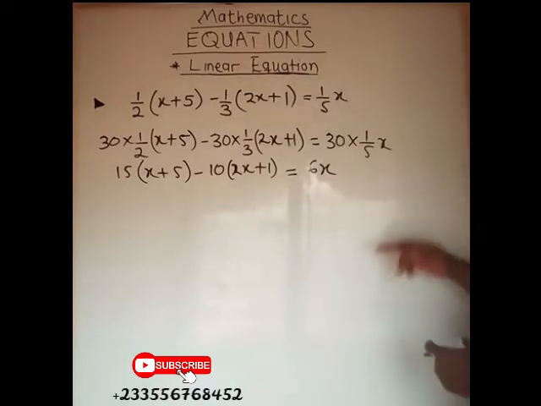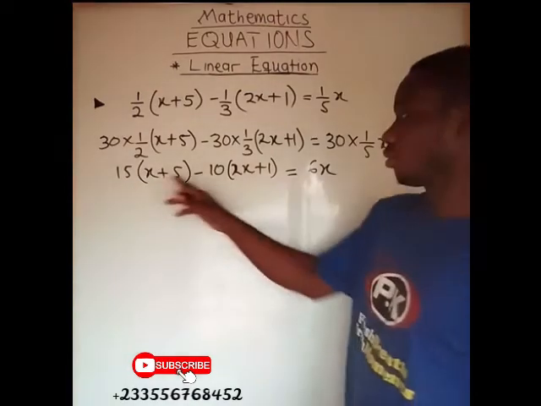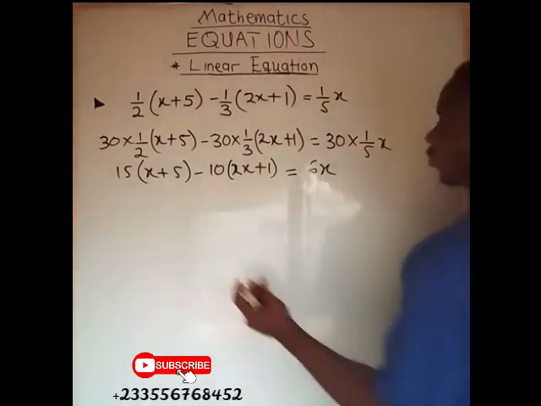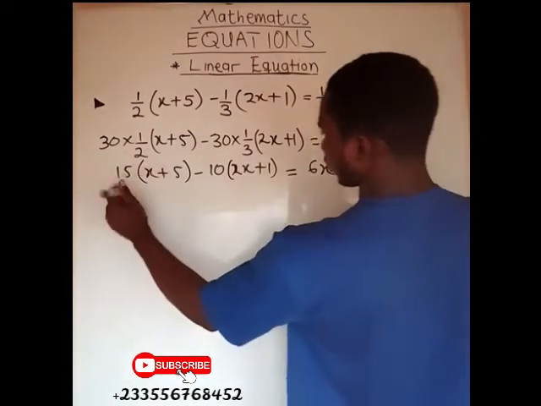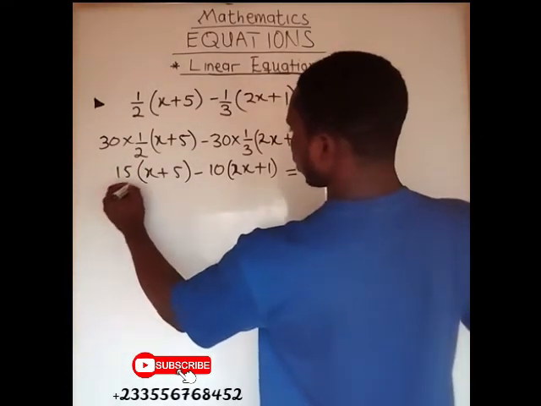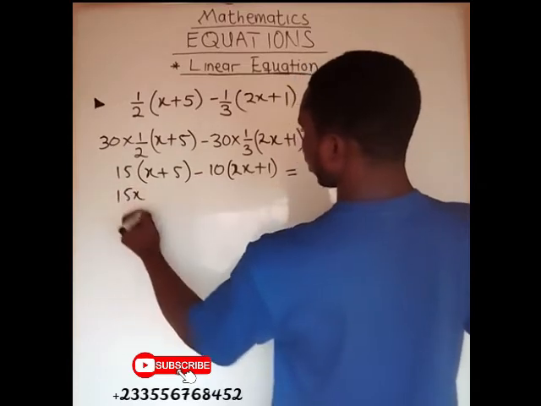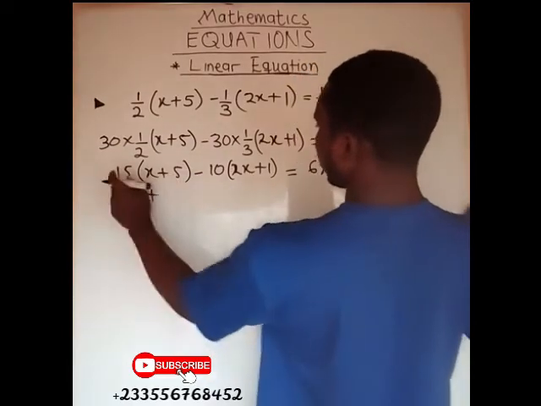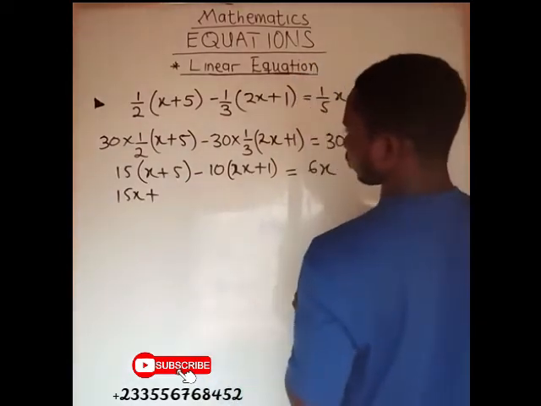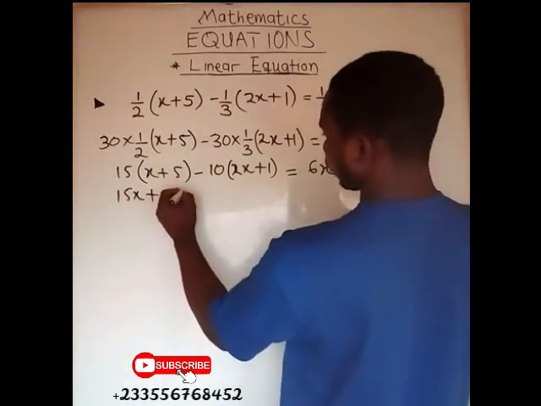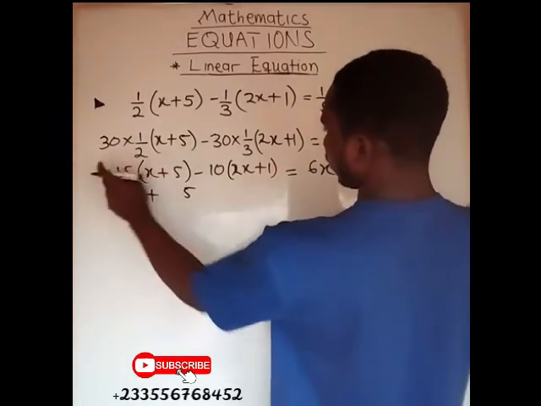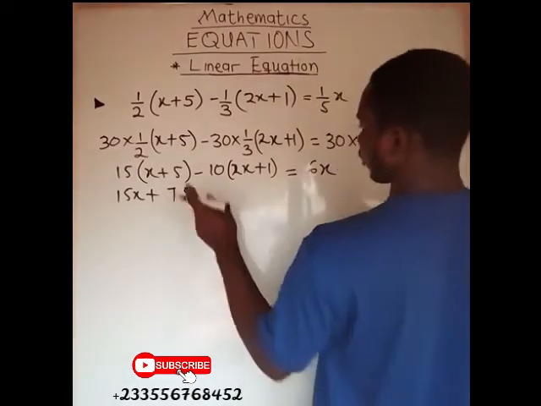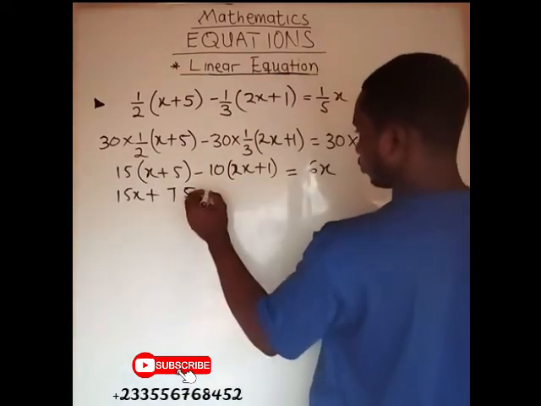So at this point, we will expand the bracket which is involved. So 15 times x, 15x, plus 15 times 5, so 5 times 15 will give us 75.